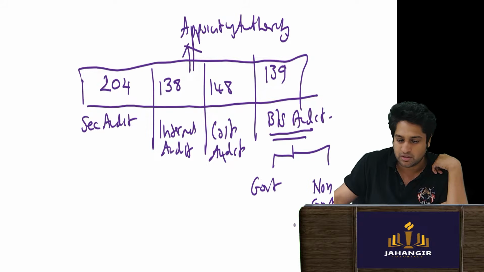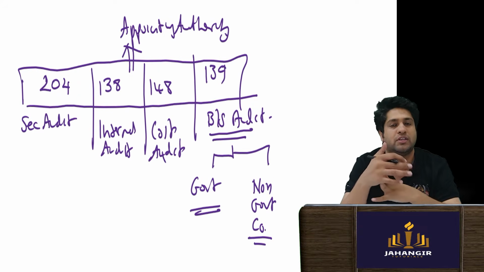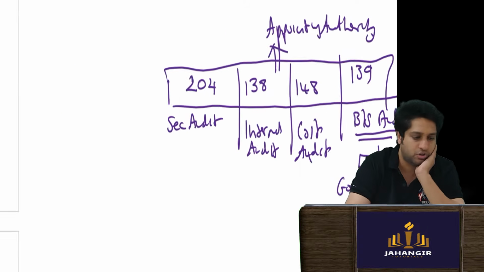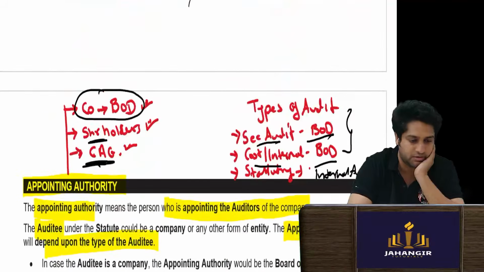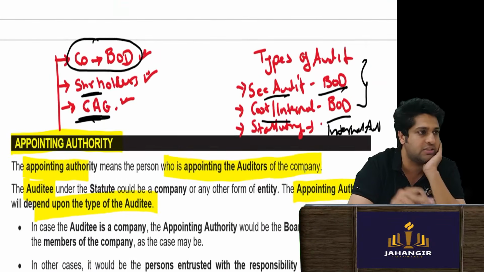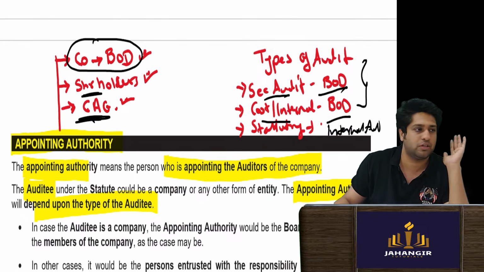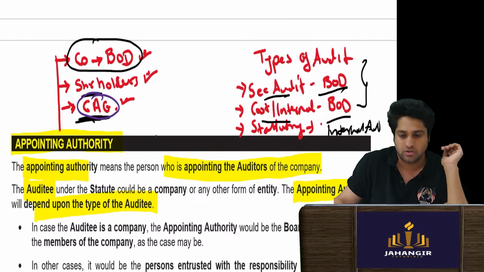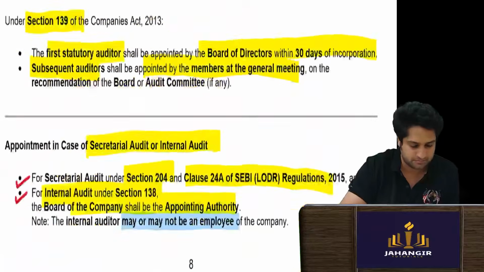If it is a government company, then CAG will come, Comptroller and Auditor General of India. Otherwise, for a non-government company, it is very simple. The company, the directors and the shareholders will be the appointing authority. So mostly it is the company and the board of directors and shareholders who are the authorities. For a government company, CAG will come in. So is the concept of the appointing authorities clear?